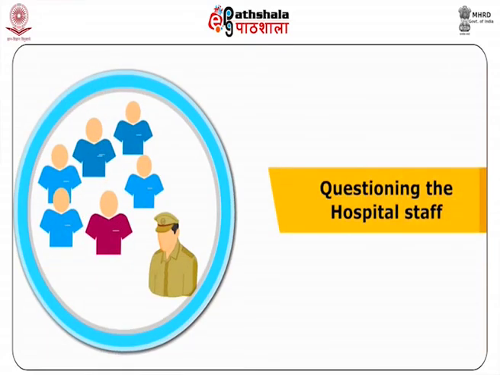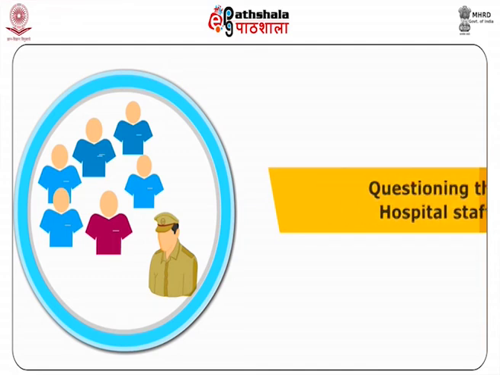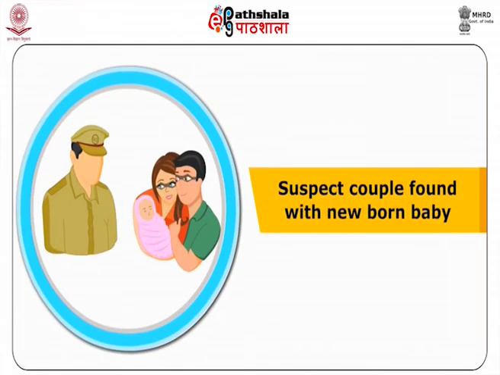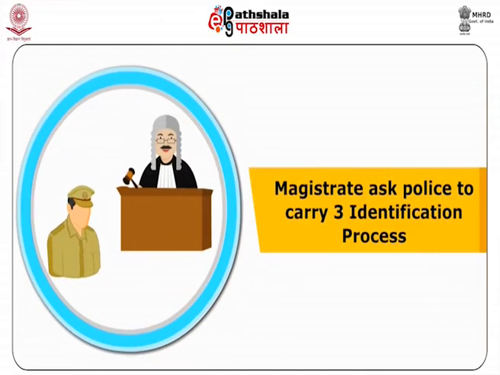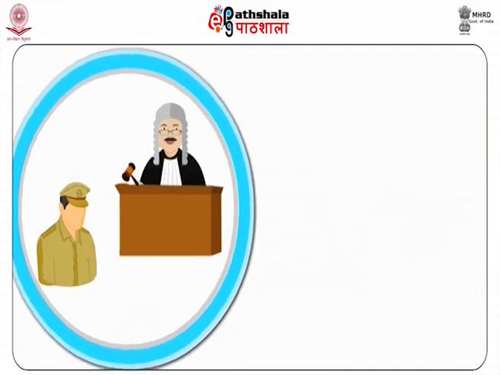After questioning the hospital staff, they found a suspect couple with a newly born baby. The police officials detained the suspected couple and they were taken to the area magistrate. The magistrate asked the police officials to carry out the following identification process.